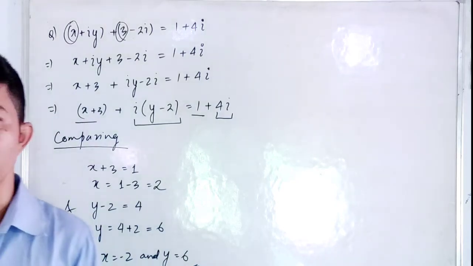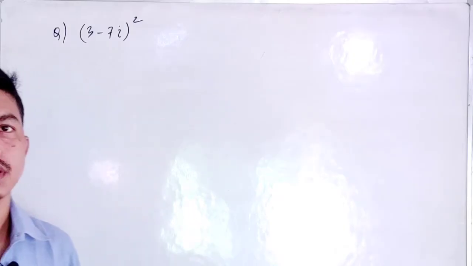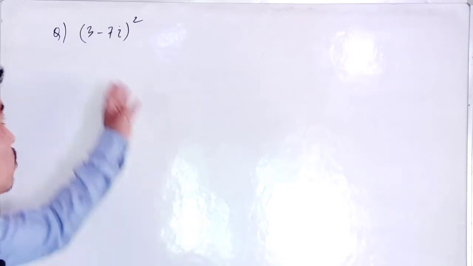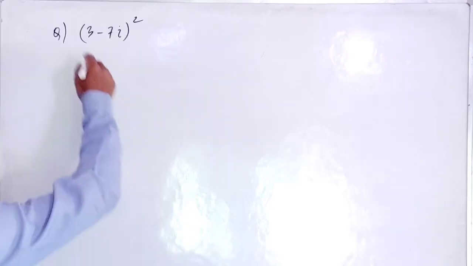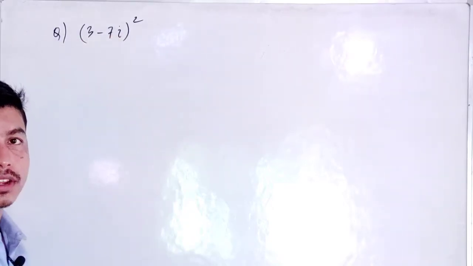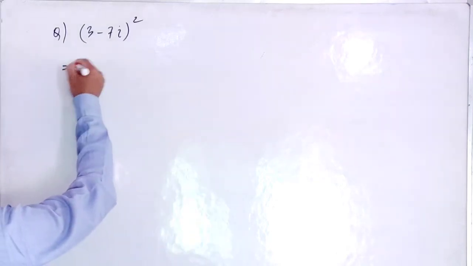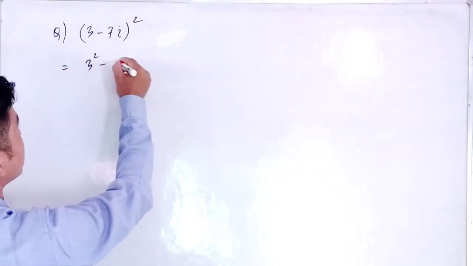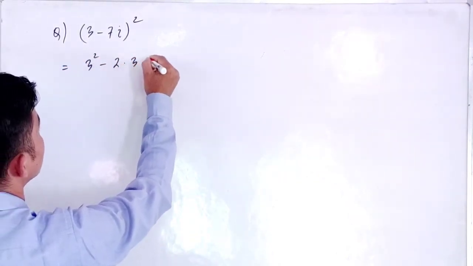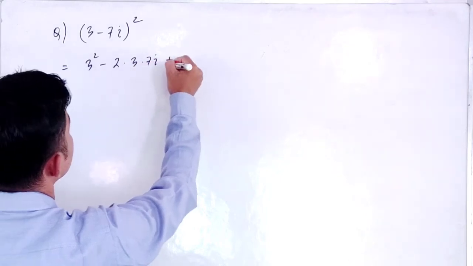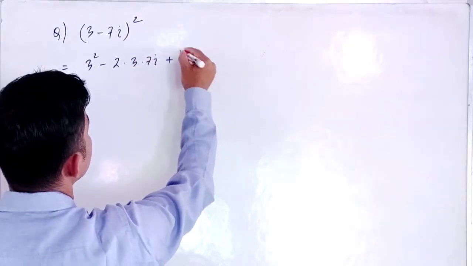Now I have taken another question, that is, simplify. How to simplify this expression? Simply using the formula of a minus b whole square, you expand it first. It will be a square minus 2ab plus b square, that is 3 square minus 2 into 3 into 7i plus 7i square.